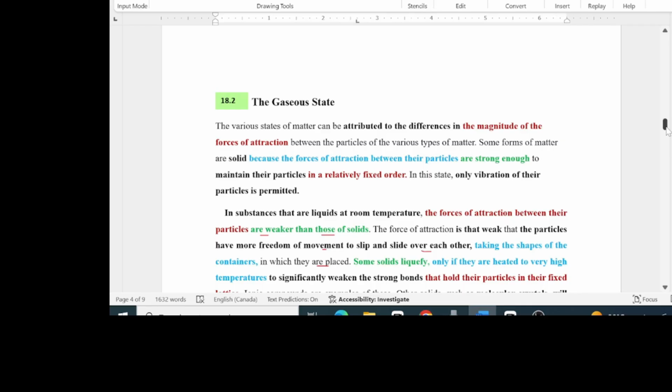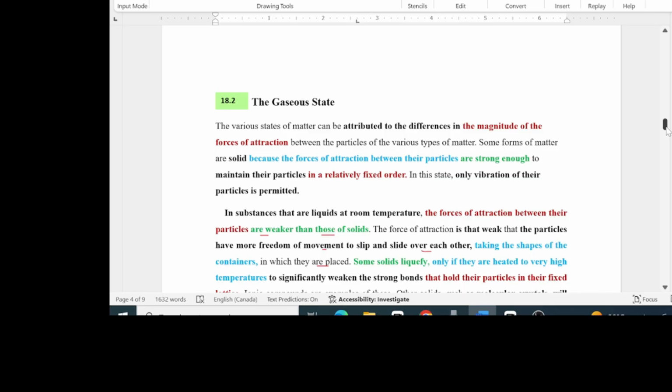Only vibration of the particles is allowed, and this is what gives them their definite shapes. In liquids, because of the weaker force of attraction between the particles, they are free to slip and slide over each other randomly. Because of this, they take the shape of the containers in which they are placed.